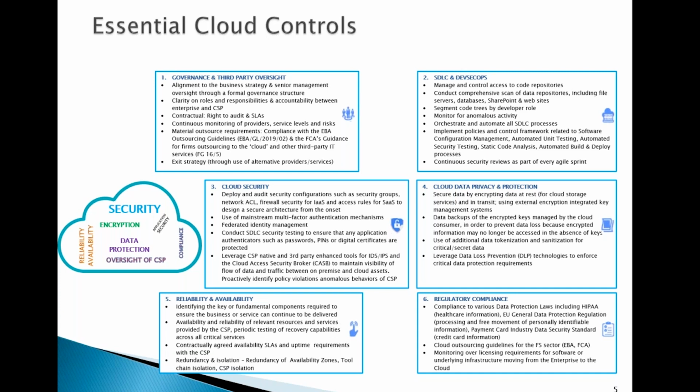This is quite a busy slide, but what I would like to do is take you through some of the key examples of controls I would expect to see in relation to each of the key risks that I highlighted in the slide before. When it comes to governance and third-party oversight, alignment to the business strategy, senior management oversight through a formal governance structure, and having a formal risk management framework are all quite critical.